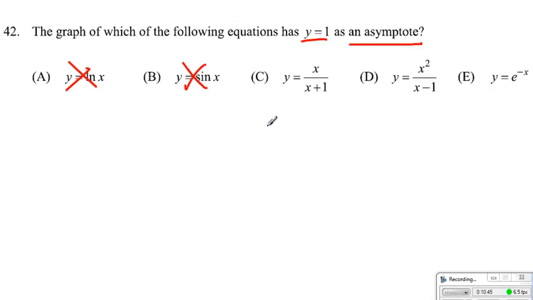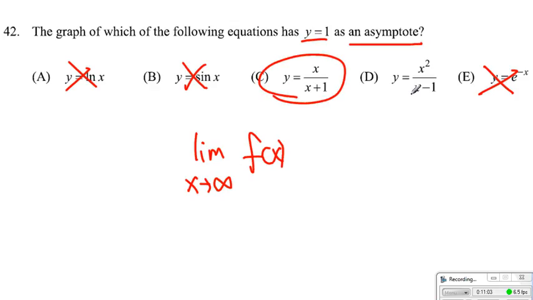Here the horizontal asymptote is equal to 0, so this one is not it. A horizontal asymptote is simply the limit as x approaches positive or negative infinity of f of x. Now, as x approaches infinity, this one is, in fact, equal to 1, while this one is approaching infinity. Therefore, our answer will be choice C.